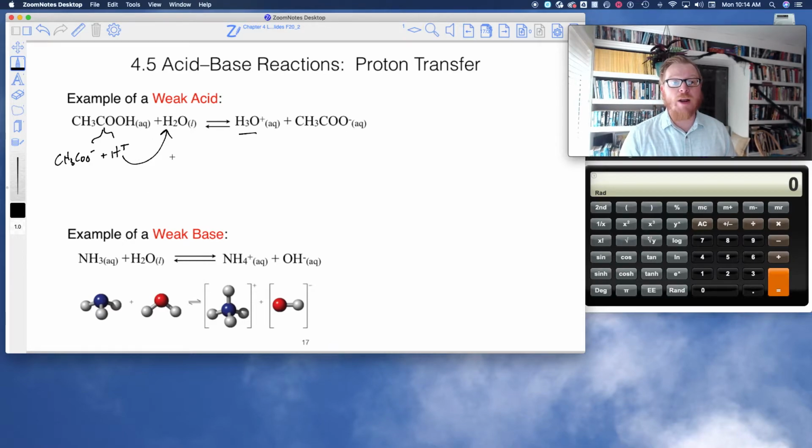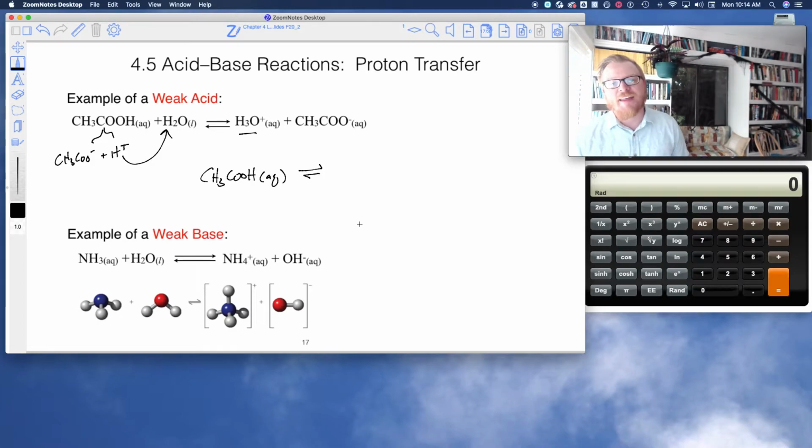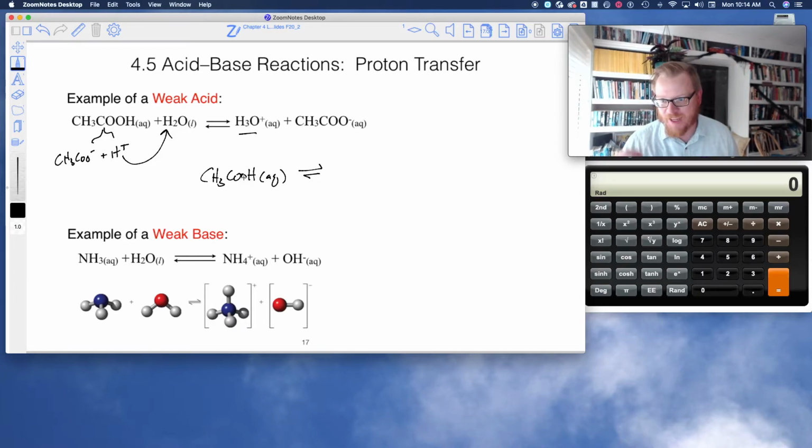So when I go to write the shorthand notation of this reaction, it's really important to note that I have to keep the CH3COOH together, even in my shorthand reaction that later I'm going to call the net ionic equation. I have to keep this together because since it's a weak acid, not all of it is dissociated.